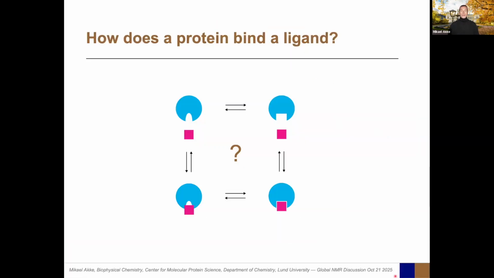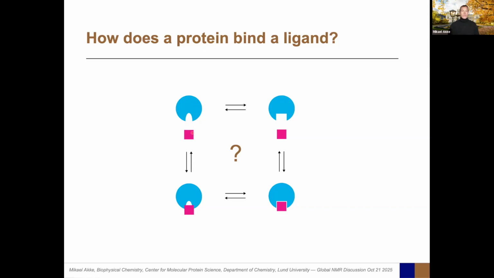So the problem here is really to try to understand how a protein binds a ligand. And the minimal scheme you could have for protein-ligand binding is this four-state scheme here, where the upper left, which we will call state 1, is the protein in the apo, i.e. ligand-free, unbound state, in a conformation that cannot bind the ligand.